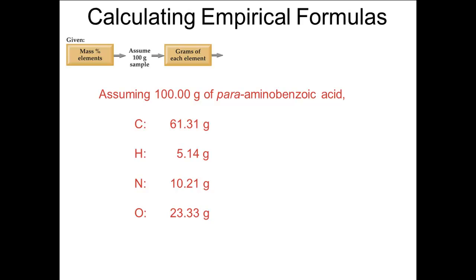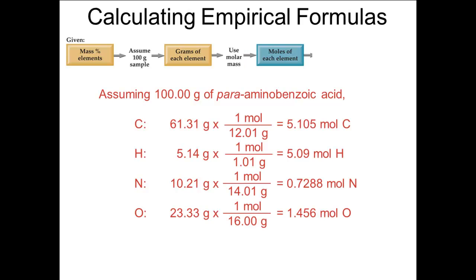Dividing each mass by the molar mass of the element, we get these numbers of moles: 5.105 moles of carbon, 5.09 moles of hydrogen, 0.7288 moles of nitrogen, and 1.456 moles of oxygen.